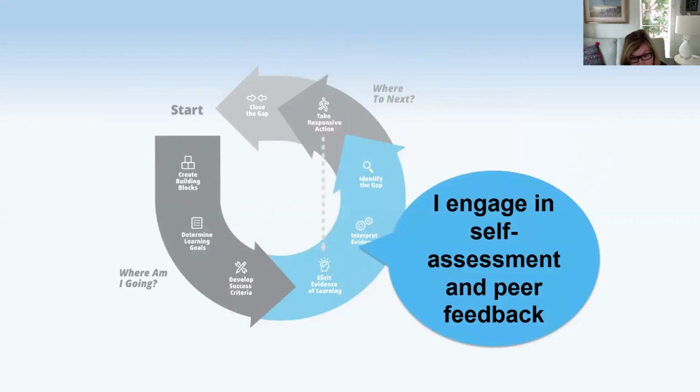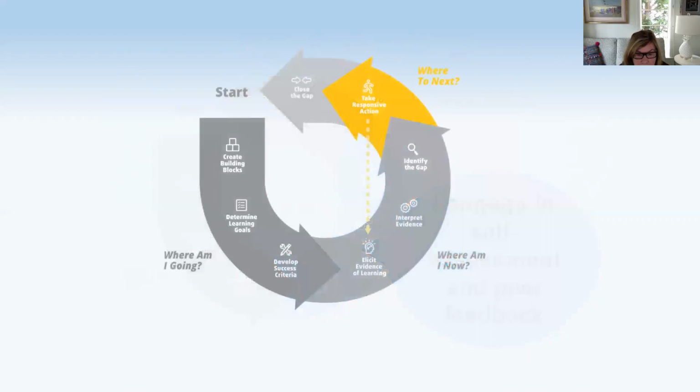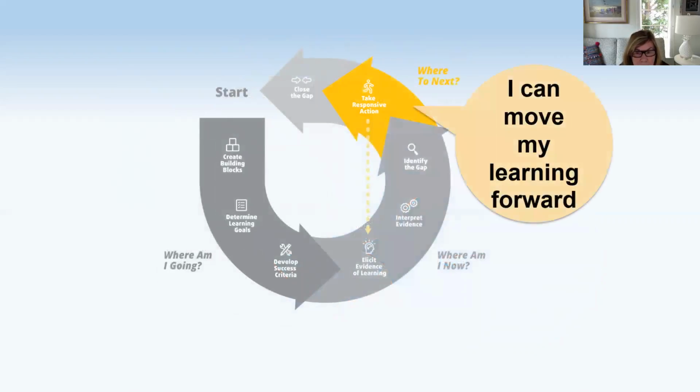So that the ultimate goal is that students can move their own learning forward, that they're determining what they need to do next based on the feedback they receive and from their own internal self-assessment. And learner agency is a big component of formative assessment as a process, wanting students to take more and more responsibility.